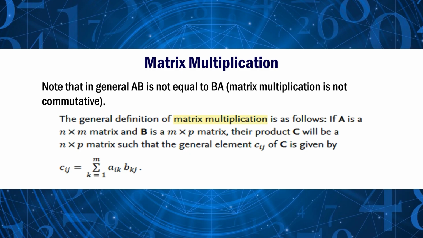Similarly we can get all the elements of the resultant matrix C. This is the general matrix multiplication strategy.